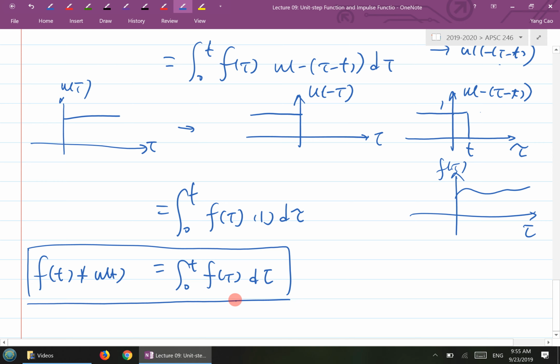That's actually a pretty neat finding. So you can also say it differently. The convolution of any function with a unit step function basically gives you the area of this function from 0 to t.